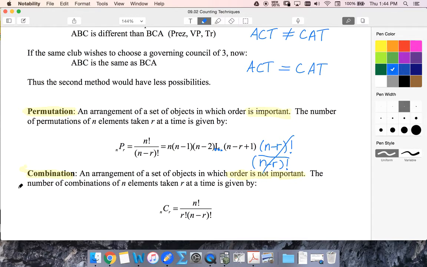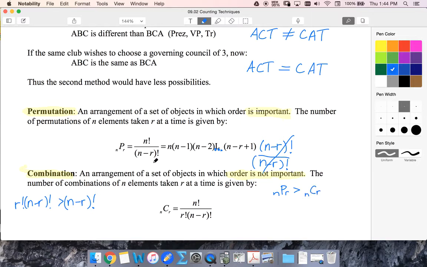Down here, we've got r factorial times n minus r factorial. That's going to be greater than n minus r factorial. So since the denominator is greater, when I divide, I'm going to get a smaller result. So again, permutations have more results than combinations.